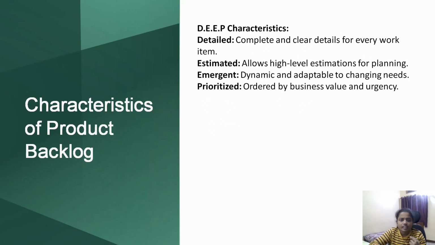What is the complexity? Any risk? Any dependencies? How much work do I need to invest, what kind of value am I going to deliver? These factors are really important when you are estimating a work item. All these factors can be very well addressed if there is a detailed statement available in a work item.